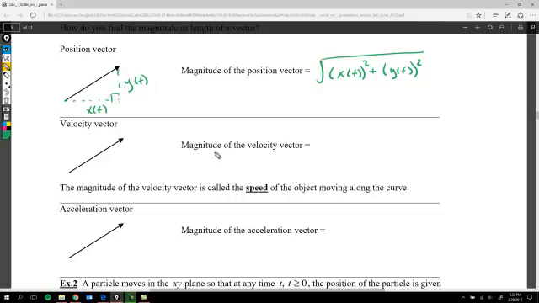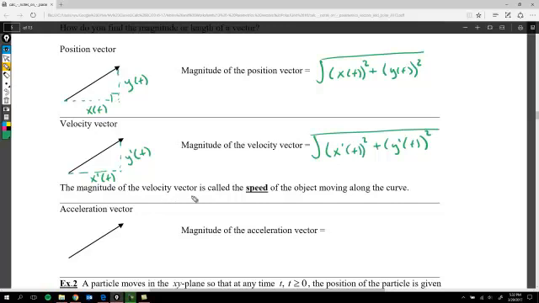Now they want me to discuss the magnitude of the velocity vector. Same deal here. I'm still moving to the right or to the left, except this is x prime of t and this is y prime of t, because we're in terms of my derivative now, because this is velocity. So it's the exact same thing: x prime of t squared plus y prime of t squared, inside a square root.